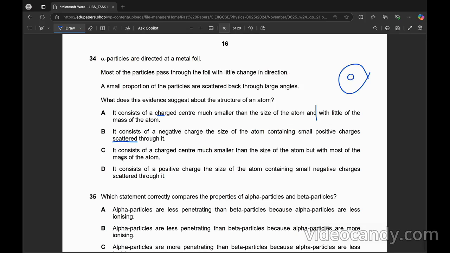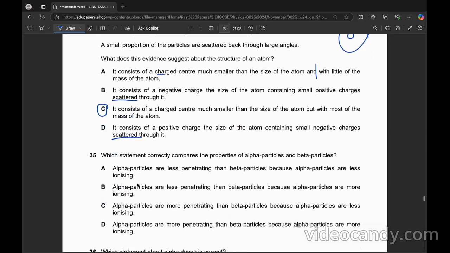C, it consists of a charged center, much smaller than the size of the atom, but with most of the mass of the atom. Now this is what I was talking about. This is the opposite of A, and it contains most of the mass of the atom. So this is true. Now let's look at D. It consists of a positive charge, the size of the atom, containing small negative charges scattered through it. Once again, it has this word, so this is going to be wrong.